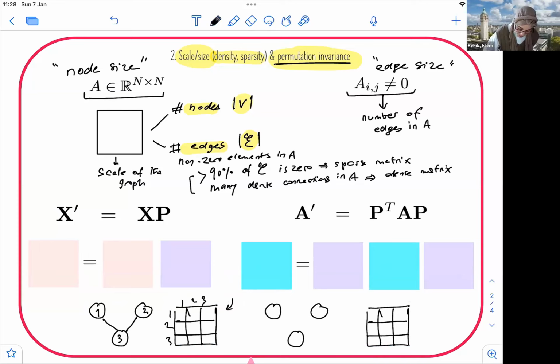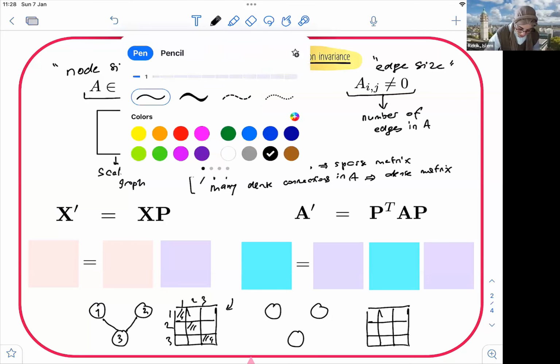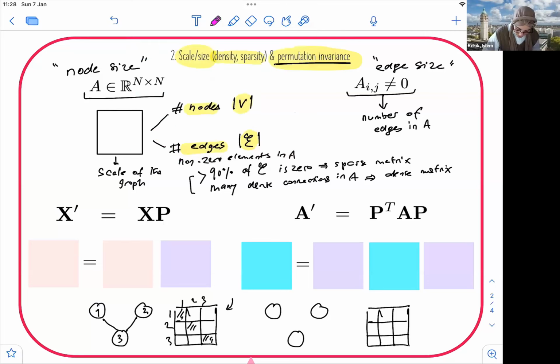Let's fill this matrix first. For this graph, we don't care about the diagonal. Node 1 is connected to 3, so we have 0, 1, and here it should be symmetric, so we have 0, 1 over there, and then 2 is connected to 3. So that's our adjacency matrix.